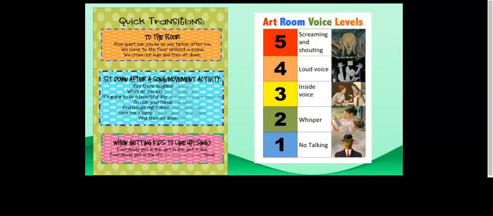Utilizing this in advance to let the students know here's where I expect your voices while you're working on this project allows you to proactively identify the expectation. Then when students test those boundaries and go too high on that voice level chart, you can bring the chart back. Again, rather than verbally reminding them, you could bring the visual back and remind them directly: here's where you're at and here's where I expect you to be.